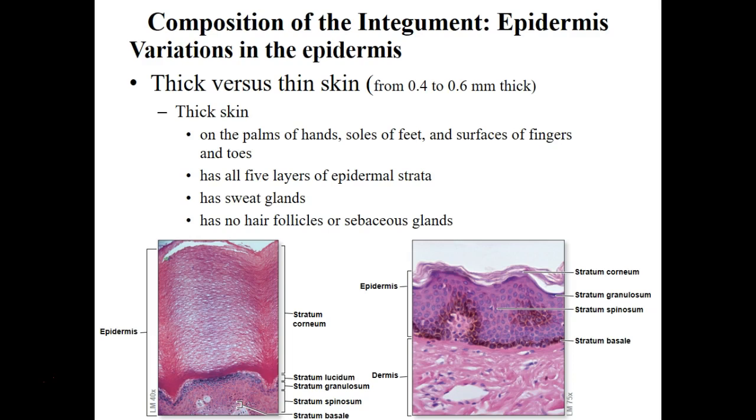Thick skin has no hair follicles at all, which means there's no oil glands, because oil glands are only associated with regions of the body that have hair. And so you look at your hands, you'll never see hair on the palms of your hands or on the soles of your feet because there's no hair follicles there.